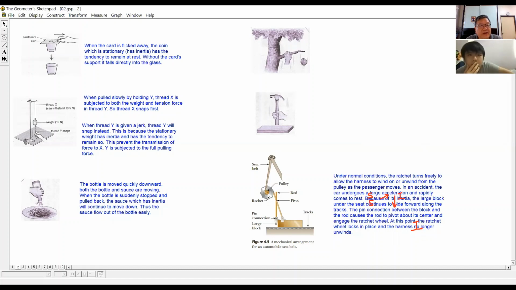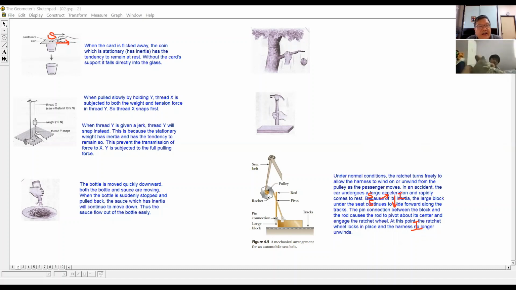At first, the coin is stationary. Because the coin has inertia, it has the tendency to remain stationary. Although the cup is removed quickly, you are actually moving the cup. You are not moving the coin.